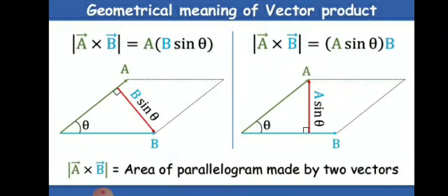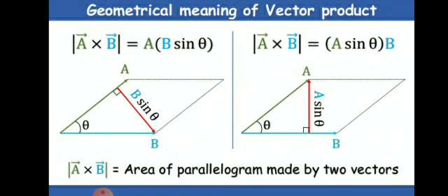Now, geometrical meaning of a vector product. The magnitude of vector A cross vector B is equal to AB sin theta. Vector A cross vector B is equal to the area of the parallelogram made by the two vectors.